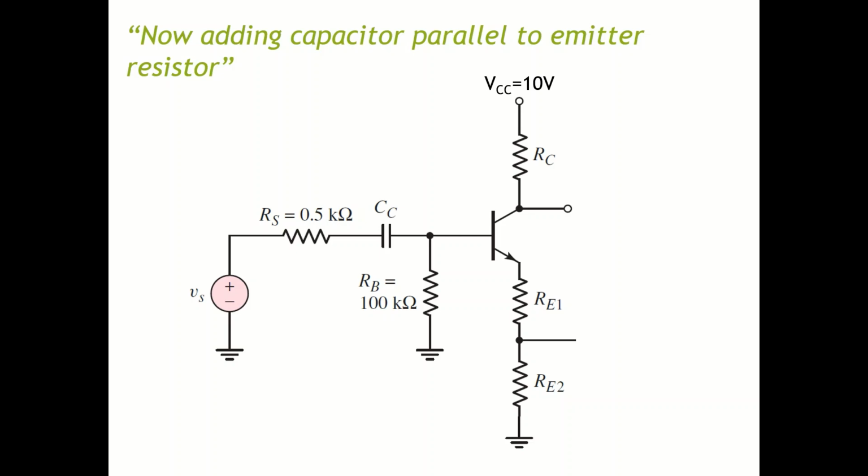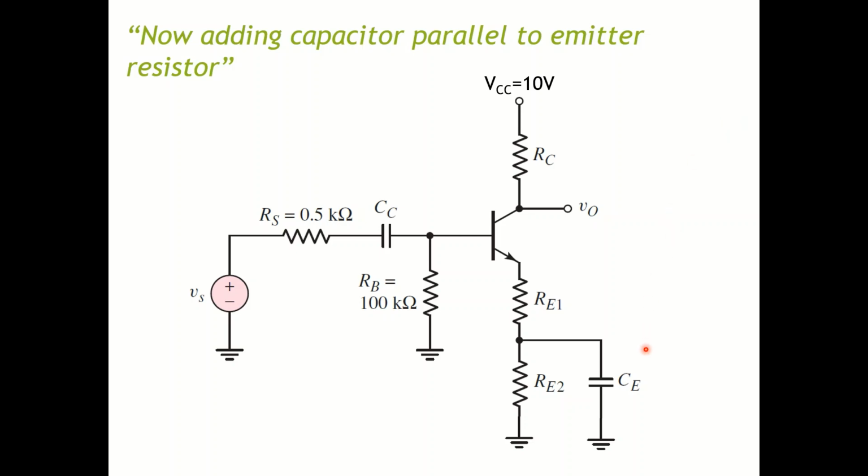We can use an emitter bypass capacitor, just this new capacitor over here. We can use that capacitor to effectively short out a portion of the emitter resistance as seen in the AC signal.